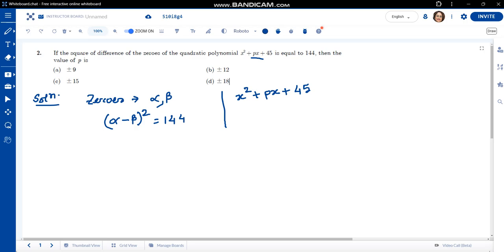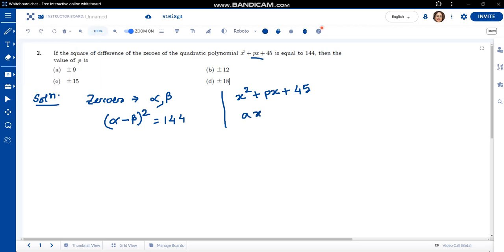So from this quadratic polynomial, if alpha and beta are the zeros, there is a relationship with the coefficients of the quadratic, right? Let us first write the original form of the polynomial first, so you can understand.